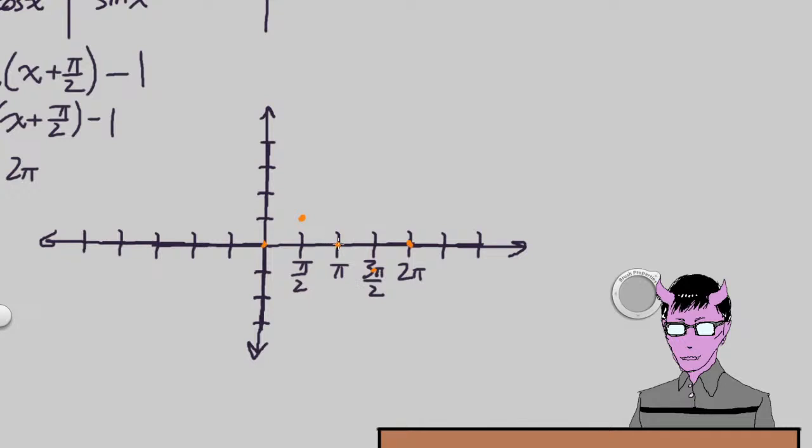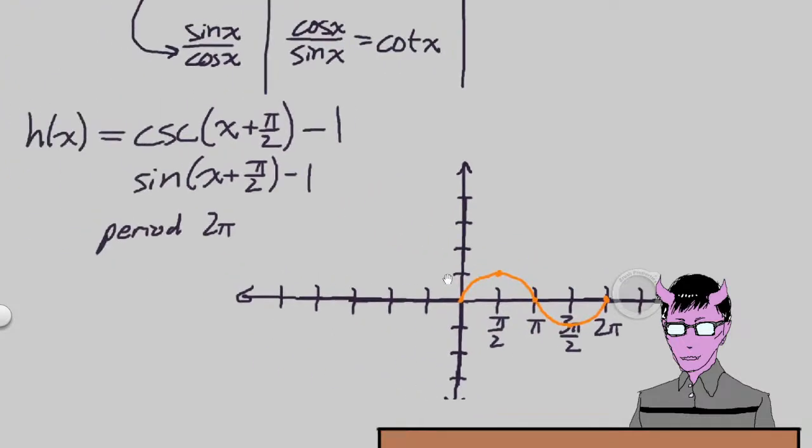Oh, I missed this point right here. Okay. So concave down from there to there, and then for these 2 subsequent hash marks, it's going to be concave up. It's going to be typical sine shenanigans.